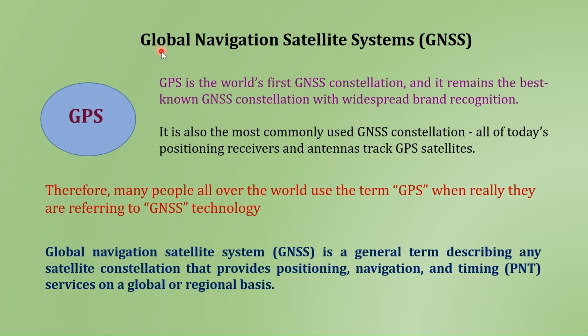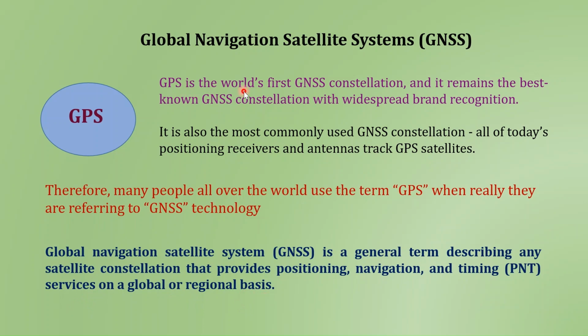GPS is one of the global navigation satellite systems, also abbreviated as GNSS, and this is a general term which describes any satellite constellation that provides positioning, navigation and timing services on a global or a regional basis.